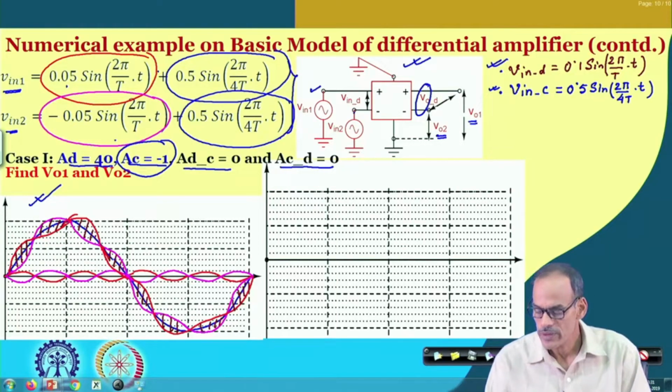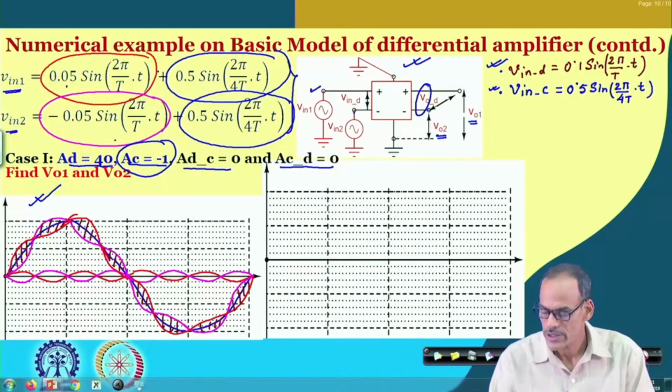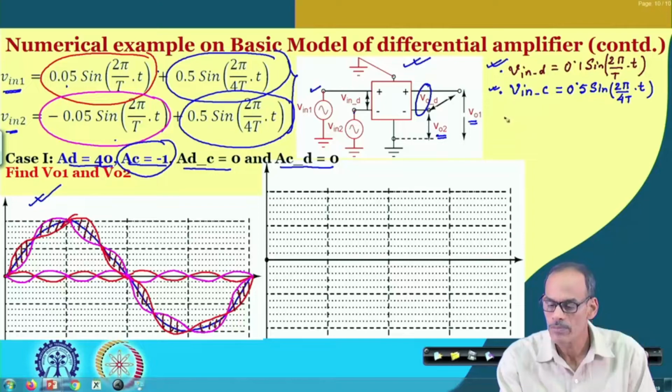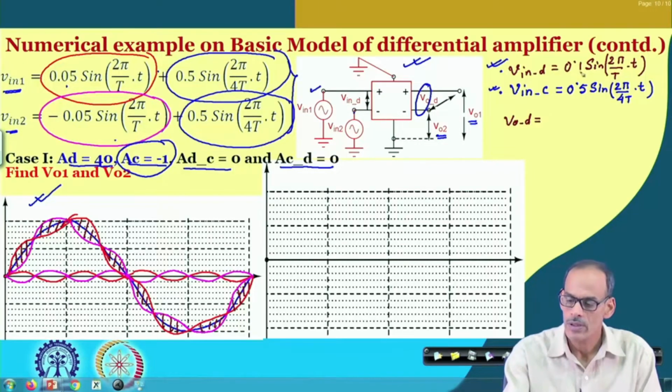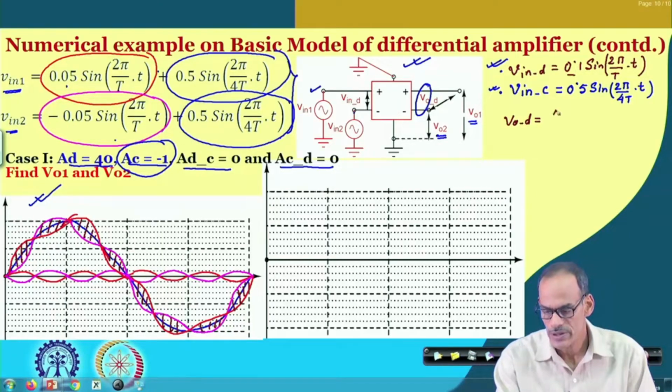As we know, this differential input produces the corresponding differential output. So VOD equals this signal multiplied by 40, which gives us 4 sin 2 pi by capital T into small t.